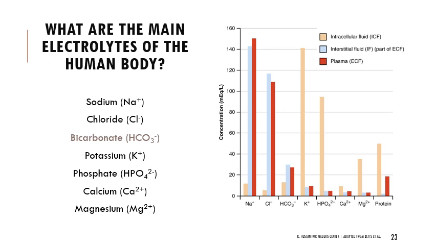The main electrolytes of the human body are sodium, Na+, chloride, Cl-, potassium, K+, phosphate, HPO42-, calcium, Ca2+, and magnesium, Mg2+. Bicarbonate, HCO3-, is also an important electrolyte, but we're going to talk about that more in terms of acid-base balance.